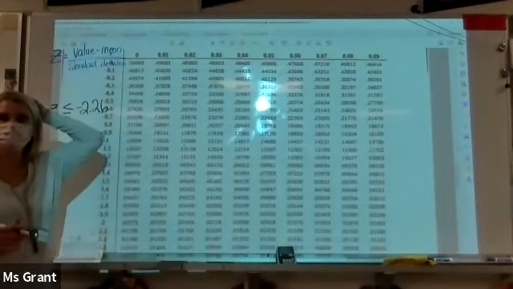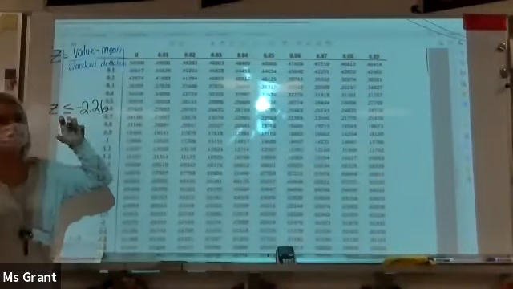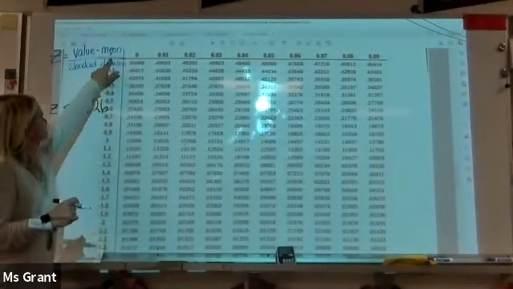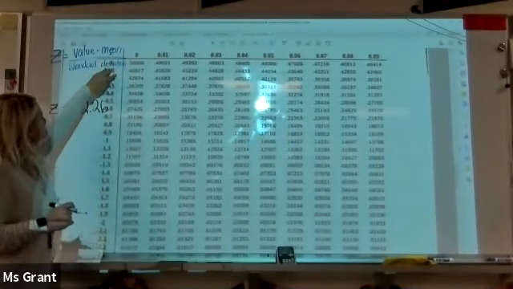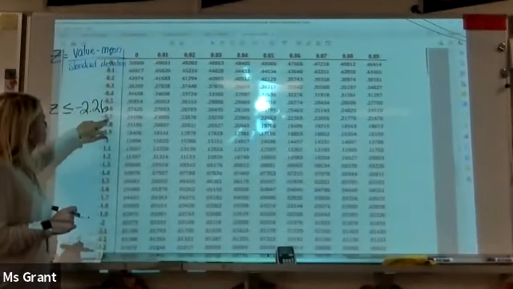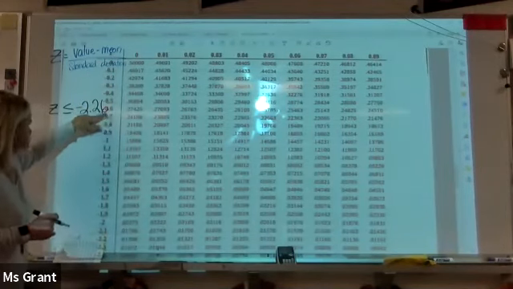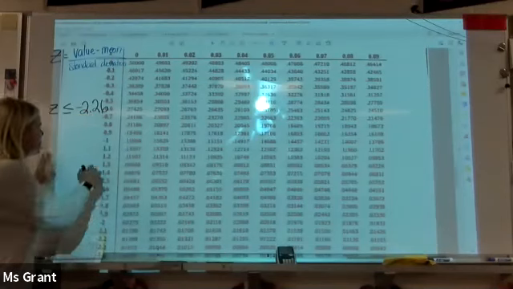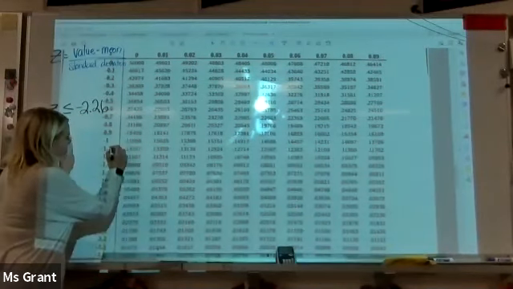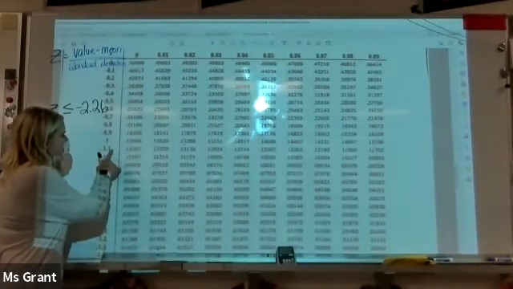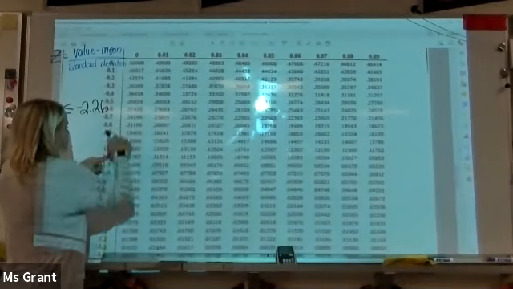This left column has the Z. This is the ones place and the tenths place. So this says like negative 1.1, and it doesn't tell me anything else.